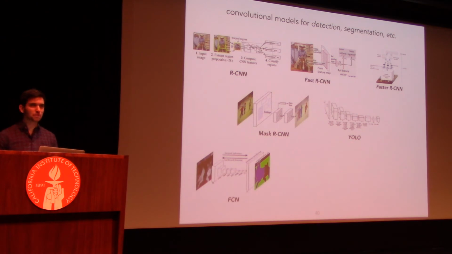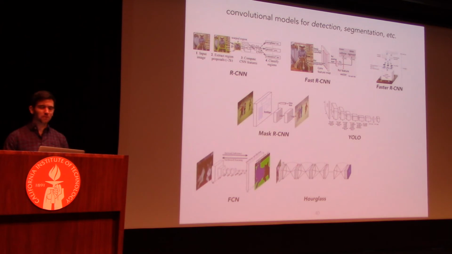And then for segmentation, there's things like fully convolutional networks, where you take one of these deep models trained on classification, and then put some extra deconvolution layers to upsample the image to a segmentation mask, where you want to segment out each object. There's something like the hourglass network, where you downsample the image, then upsample, then downsample and upsample again, trying to get some idea of where key points might be on a human pose.